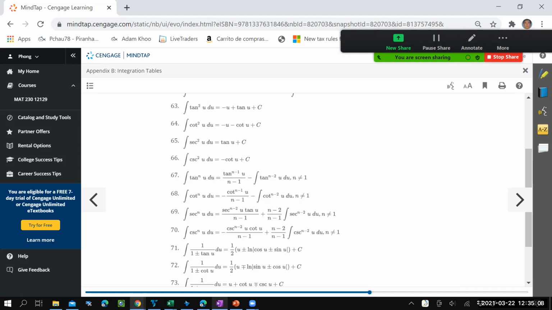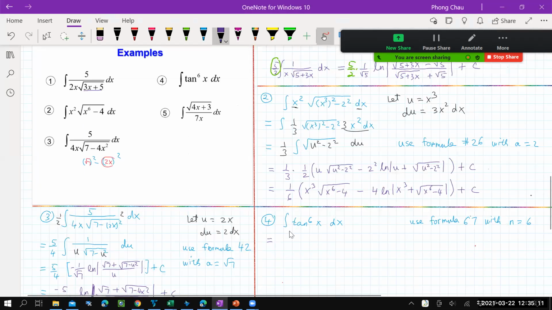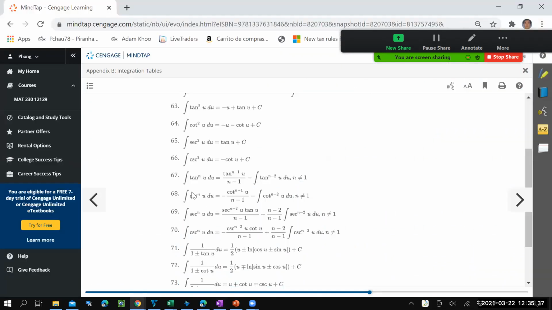So we have tangent to the 5th of x over 5 minus the integral of tangent to the n minus 2, which is 4. Tangent to the 4th. Right, so you see that one.